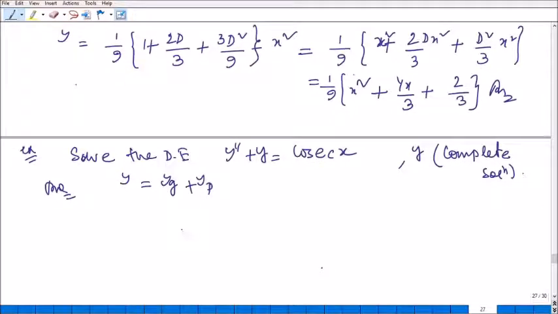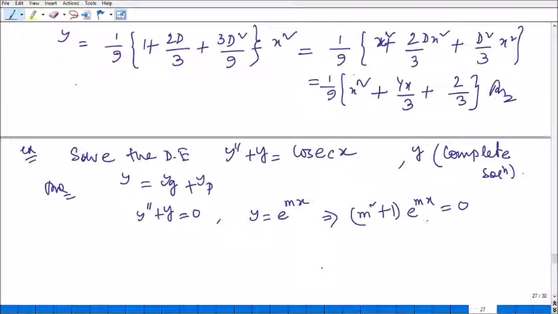Now for solving the homogeneous differential equation of this non-homogeneous differential equation, we write y double dash plus y equal to 0, and suppose y equal to e to the power mx is the trial solution. Then we can write m square plus 1 into e to the power mx is equal to 0.